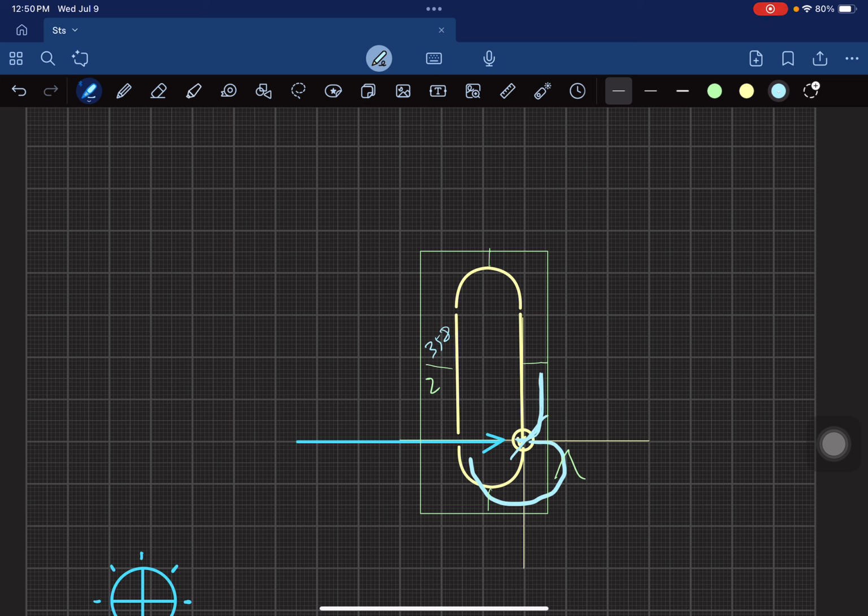Now, the parallel entry: the first two turns will be opposite to the general turns of the holding pattern. In this case, it's a standard pattern with turns to the right. So in a parallel entry, my first turns are going to be to the left. Left 358. My next turn is also going to be to the left. What heading?